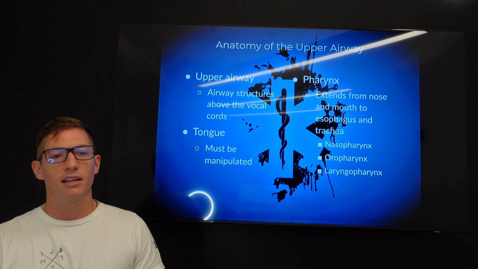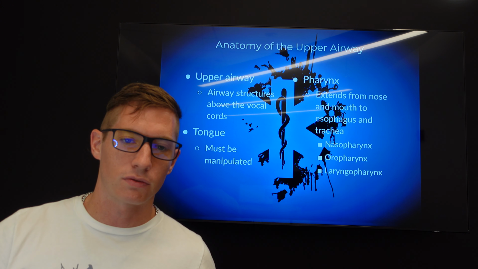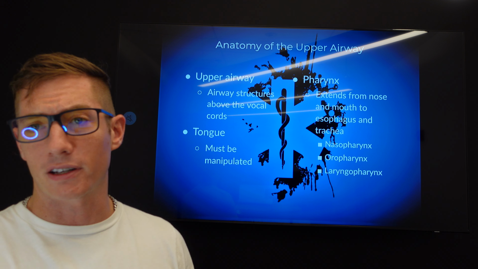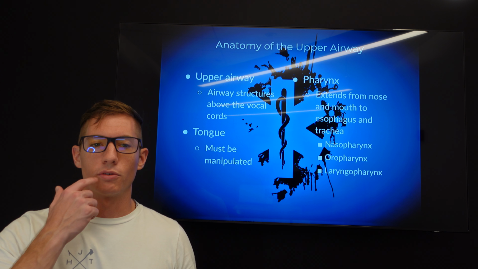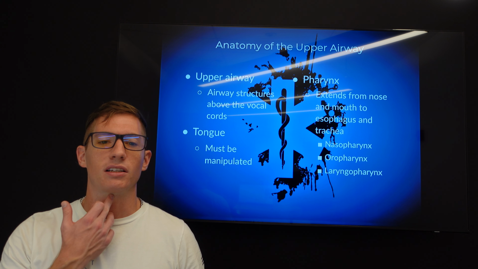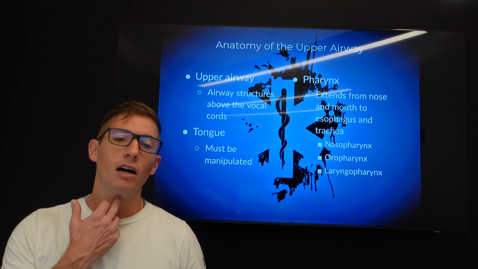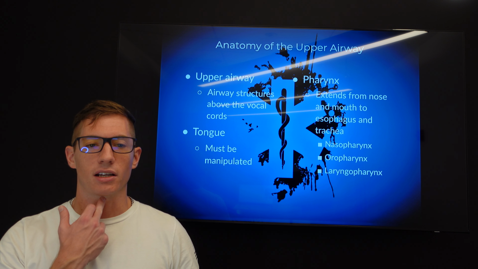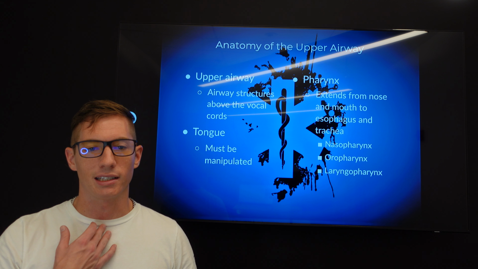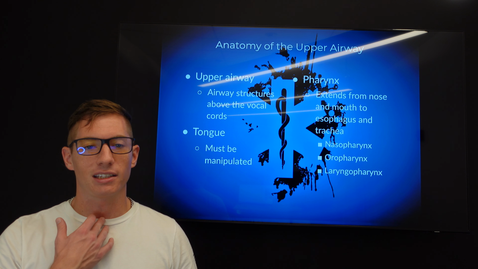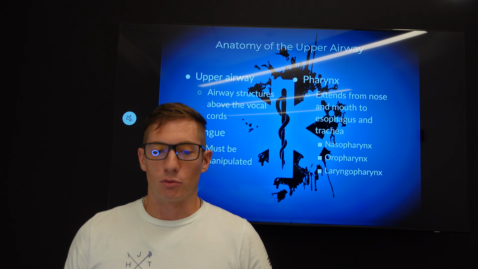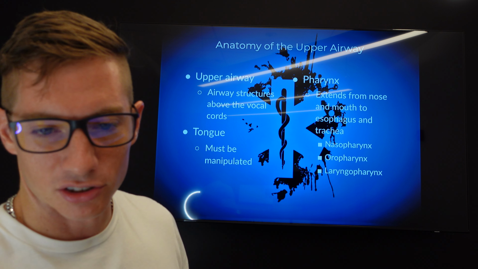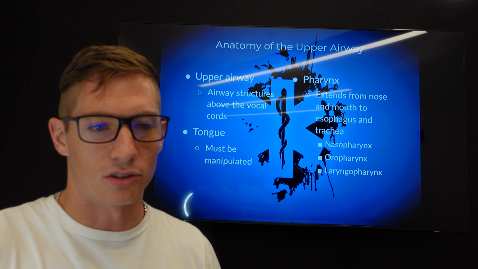The pharynx is the muscular tube that extends from the nose and mouth to the esophagus and the trachea, composed of your nasopharynx, oropharynx, and laryngopharynx. The hypopharynx, the lowest portion of the pharynx, opens into the larynx anteriorly and the esophagus posteriorly. I'm going to have to really drink fluids to get through saying all of these words because they're difficult.